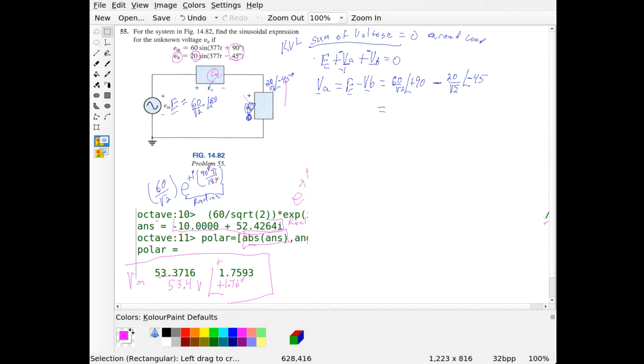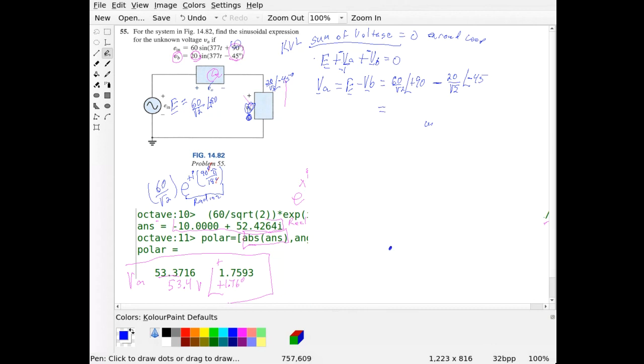So we have E going like this. The software is going slow again. Come on. Okay, so E is going at plus 90 degrees.